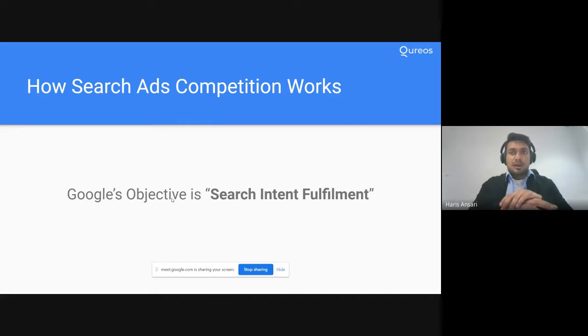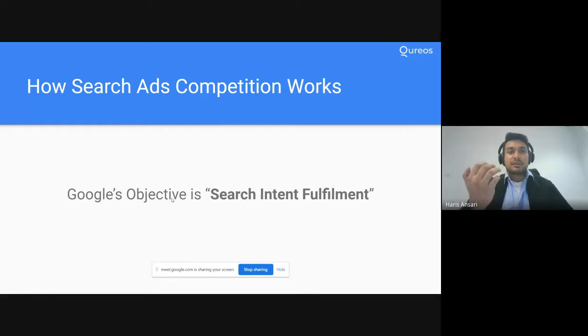One thing which is super important is that Google's objective is search intent fulfillment. What do I mean by that? I mean that Google's primary objective is to satisfy the user who is searching for anything on Google. The other objective is obviously to make money from paid advertisement, but the primary objective is that they need to fulfill the intent of the user.